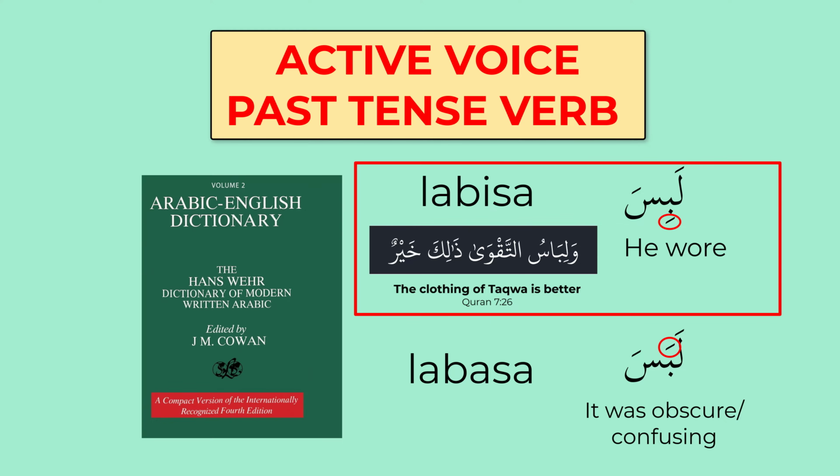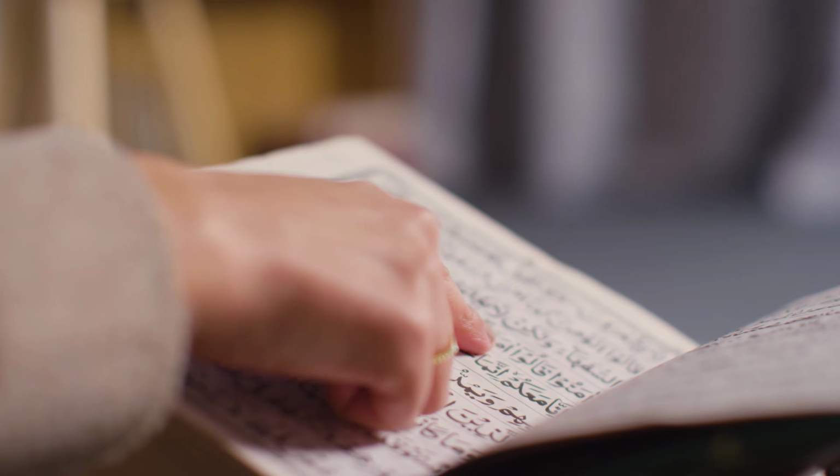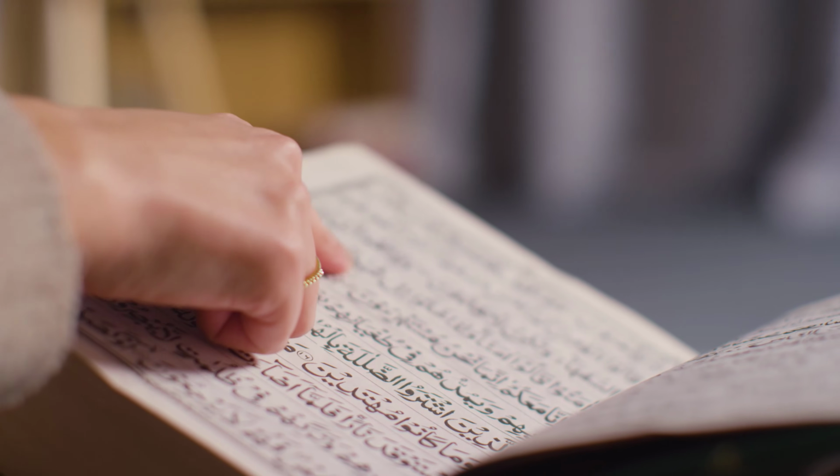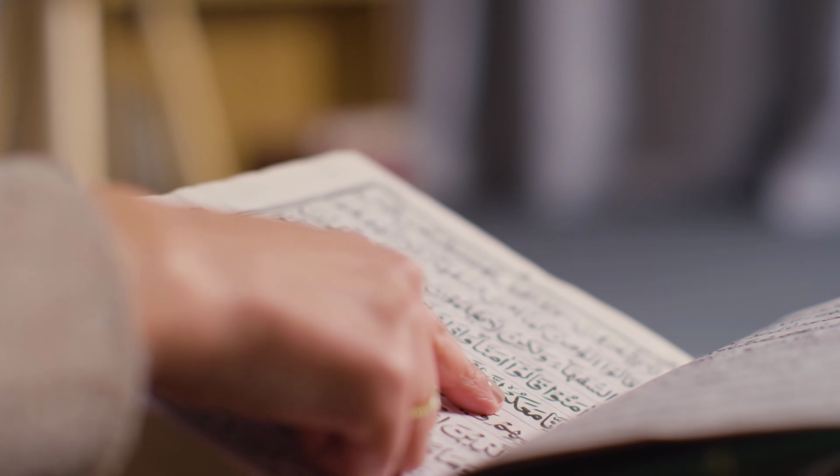So I just wanted to mention that point and highlight a limitation of this dictionary. The Hans Wehr dictionary will suffice most students in their studies. And obviously, when you study the Quran, it is at a different level, which will require more in-depth resources and learning from those who have the knowledge.